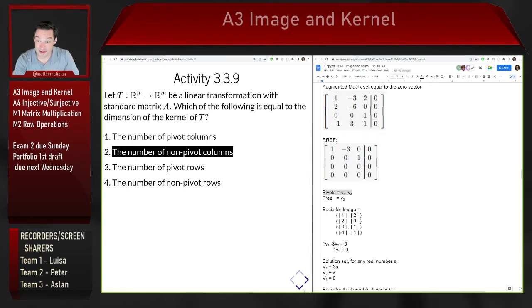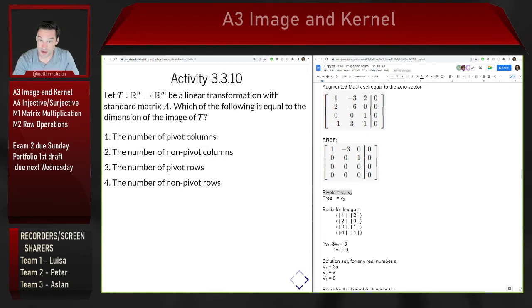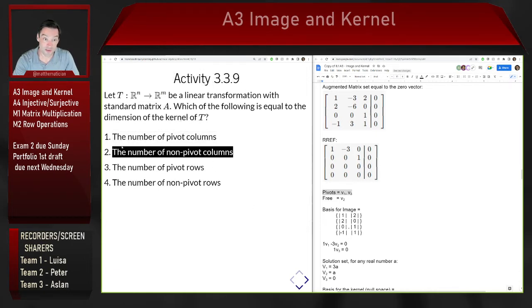Every column is either going to be a pivot column or a non-pivot column. Those pivot columns are going to correspond to the dimensions of the image of my transformation, and the non-pivot columns are going to correspond to the dimensions of the kernel of my transformation. So when I add those two things together, what I should get is the total number of columns in my original matrix.